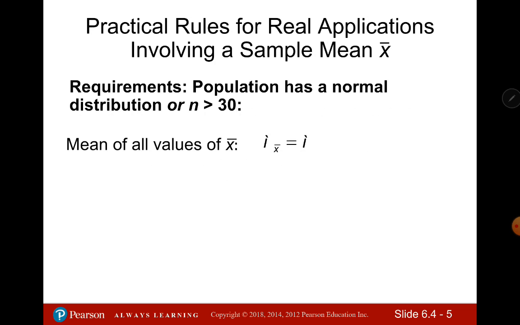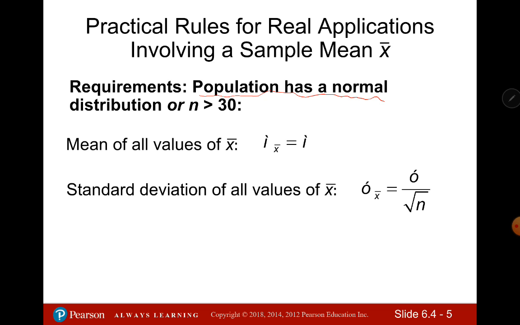So the requirements here: we have two kinds of requirements. The first one is about the population. Remember we talked about the population can be any distribution, but if it's a normal distribution, then we can use the central limit theorem.